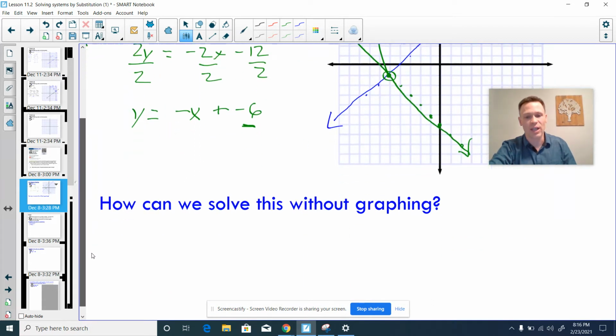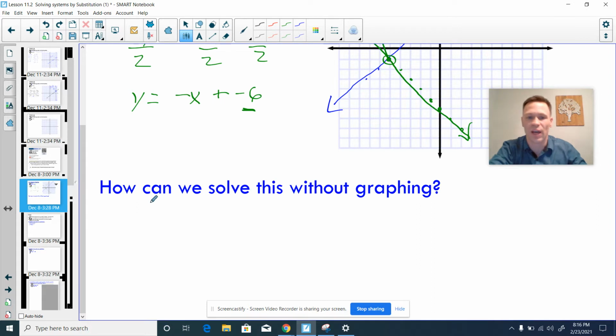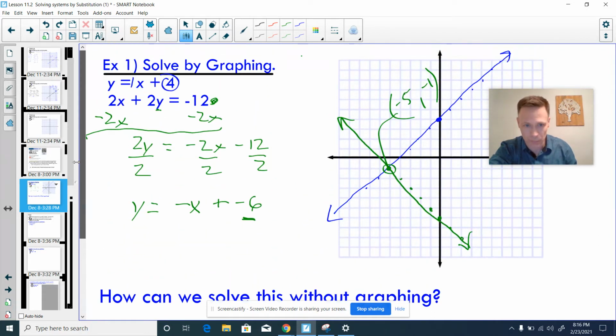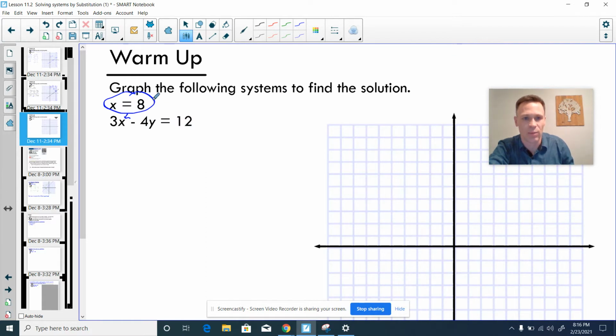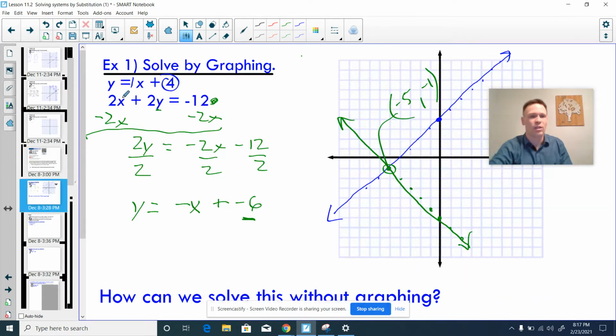So the question is, how can I solve this without graphing? And the answer lies in the conversation that we had way back in this problem here, where I said, okay, well, if I know that x is equal to something, I can substitute that something into the other equation. Well, don't we really have that situation here?